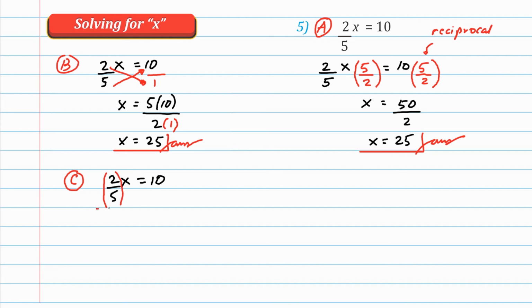Therefore, what we can do this time is divide the whole thing by 2/5, thereby canceling everything. But we did that on the left side. We should also do the same on the right side according to the division property. Now we cancel both, so this will be canceled. Therefore, what we have left on the left side is just x.